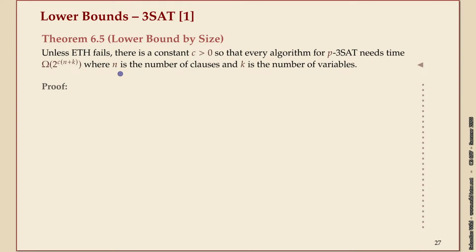So a statement formally is, unless this exponential time hypothesis is wrong, there is some constant so that every algorithm for this parameterized 3-SAT problem needs time exponential in n and k, the length of the formula and the number of variables. And so let's prove that. It'll be a proof by contradiction if you want.